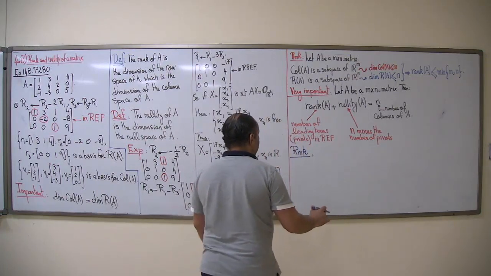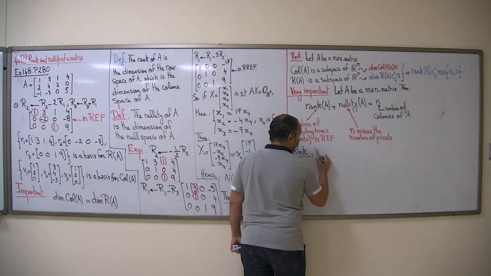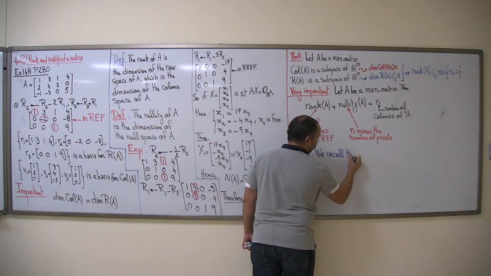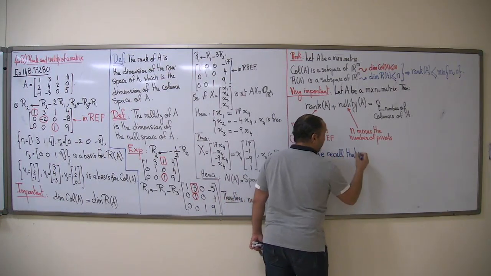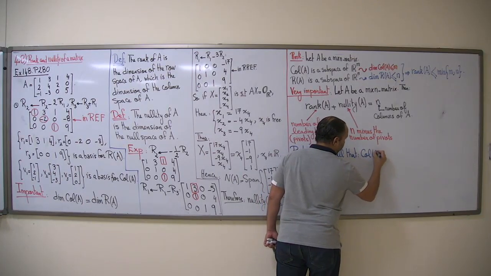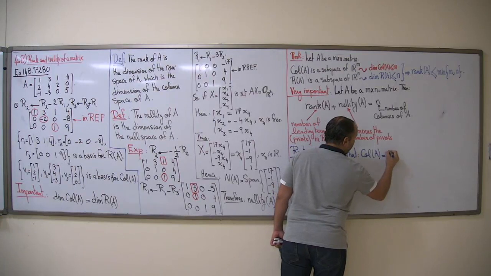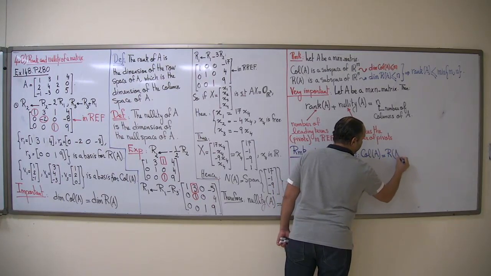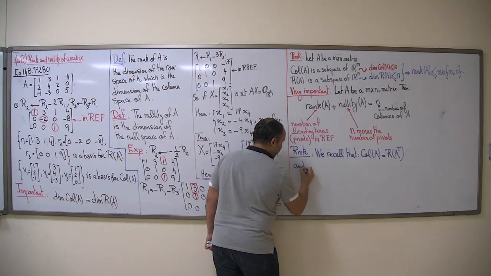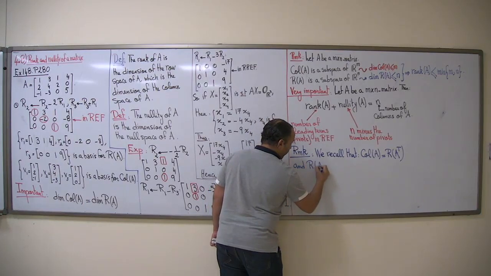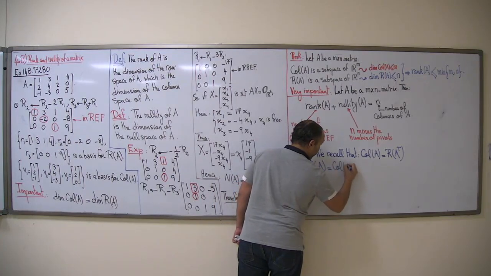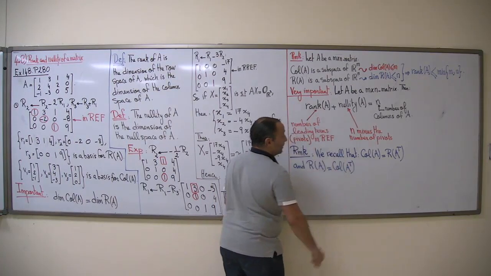So we recall that the column space of A is equal to the row space of A transpose, and the row space of A is equal to the column space of A transpose.